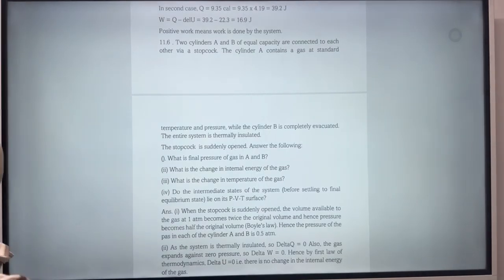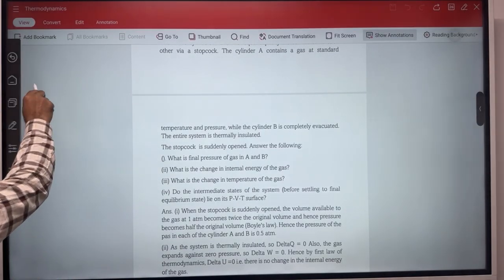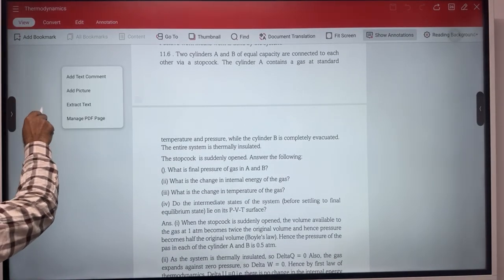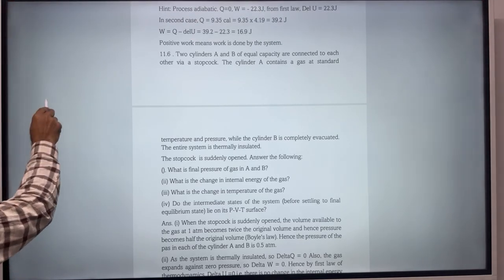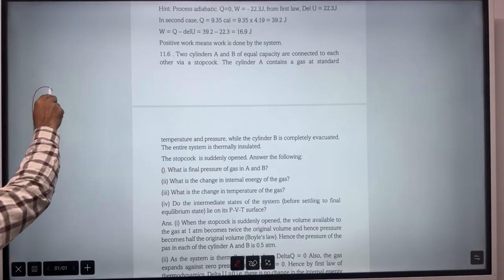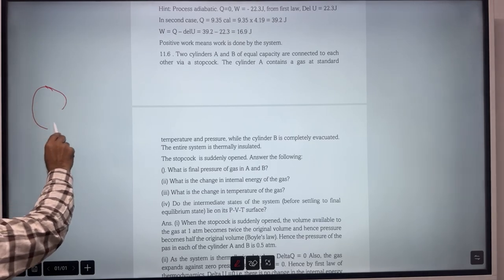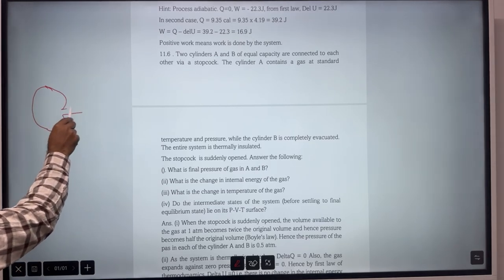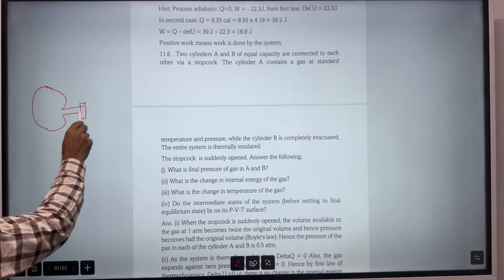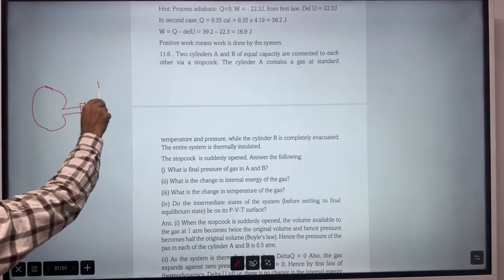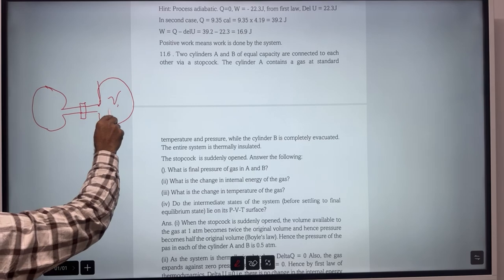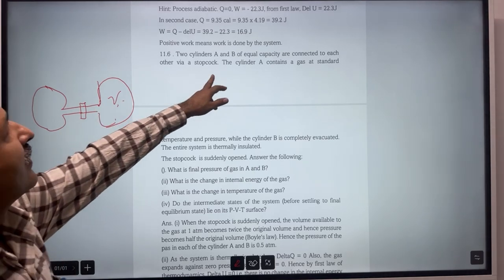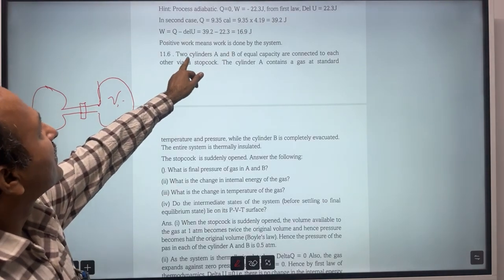The situation is like this: here one cylinder is given. Suppose this is a cylinder, and there is another cylinder. Here there is a stopcock which is separating the two, right? So here there is vacuum, here there is nothing, and one contains gas.